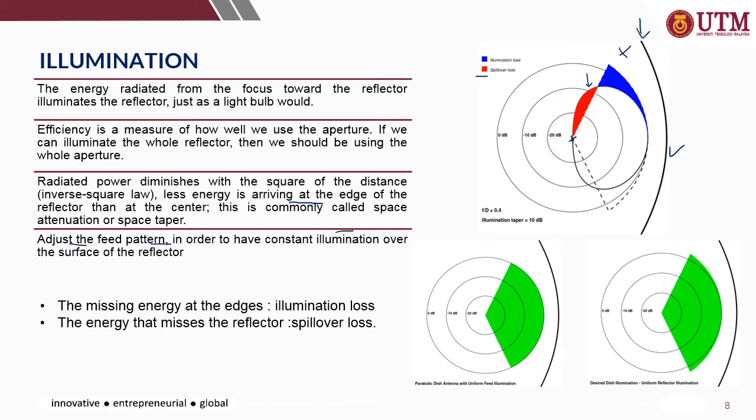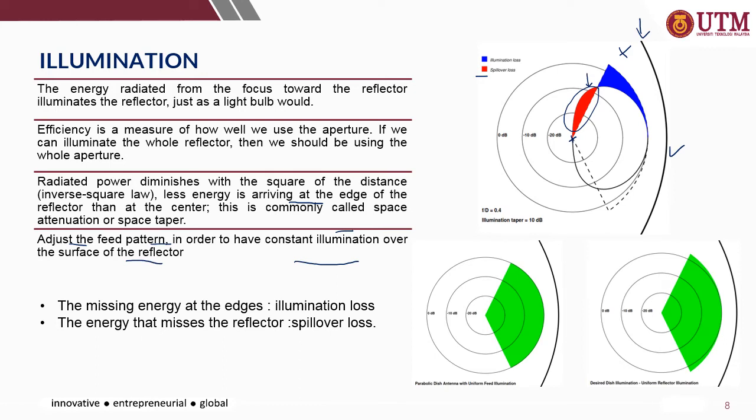So in order to improve this, we need to adjust the feed pattern so that constant illumination can be achieved. The energy missing at the edge here, as mentioned earlier, is the illumination loss, while the energy that misses the reflector, outside the beam width, is the spillover loss.